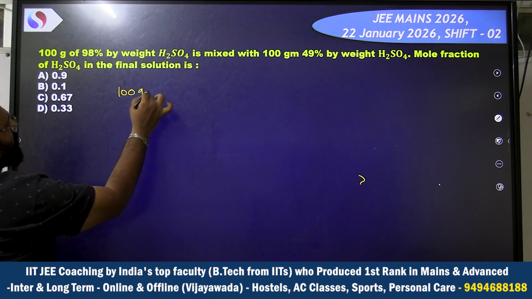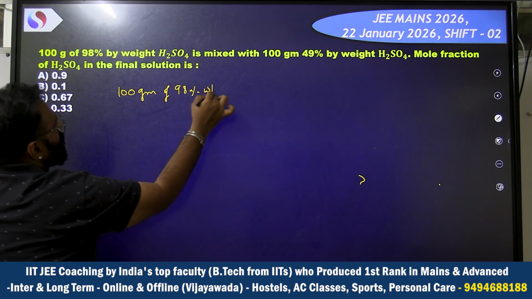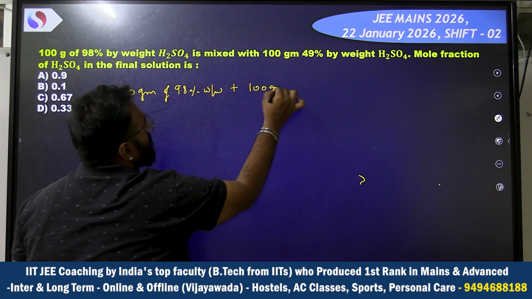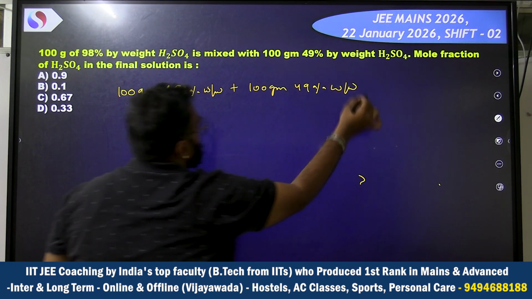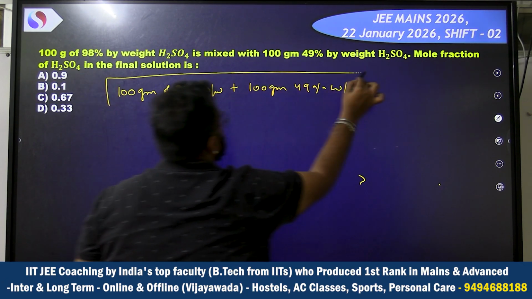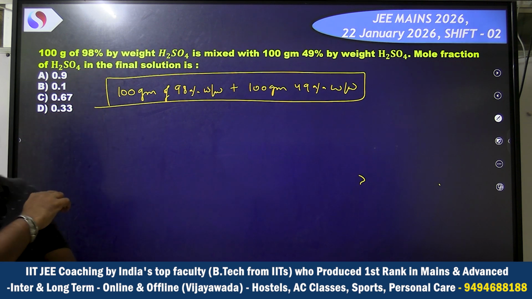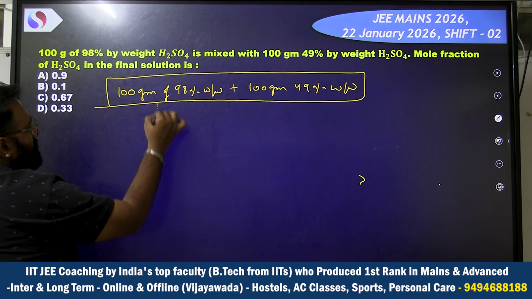That means 100 gram of 98% W by W plus 100 gram of 49% W by W. This is for H2SO4. So we need to find the mole fraction of H2SO4. Okay, this is what the question is saying. Now let us analyze this.